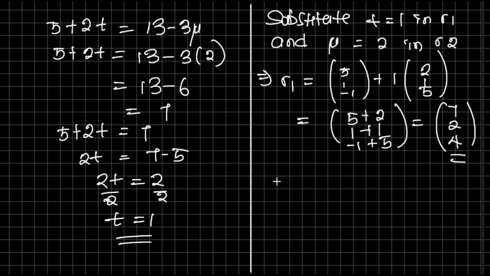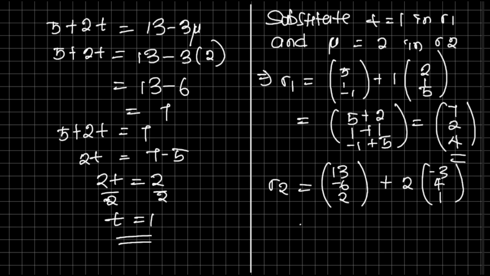Then R2 will be (13, -6, 2) + 2 times (-3, 4, 1), and that will be (13 - 6, -6 + 8, 2 + 2).